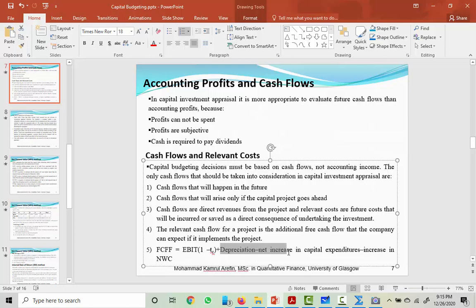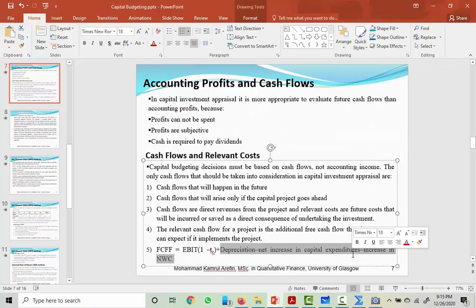And then we need to deduct the net increase in capital expenditure. For example, you have purchased $1,000 amount of inventory or raw material for your business, and you have also sold some administrative supplies for $200.